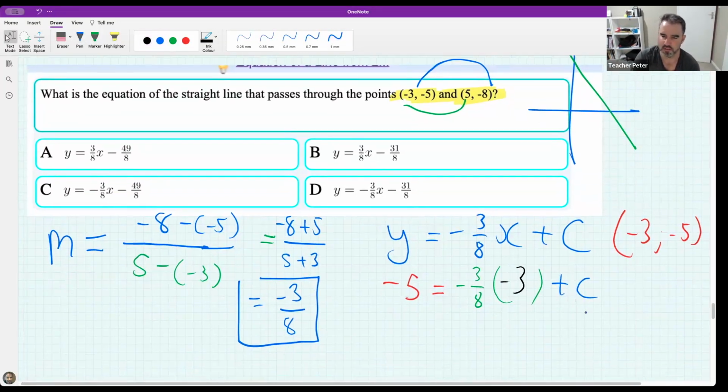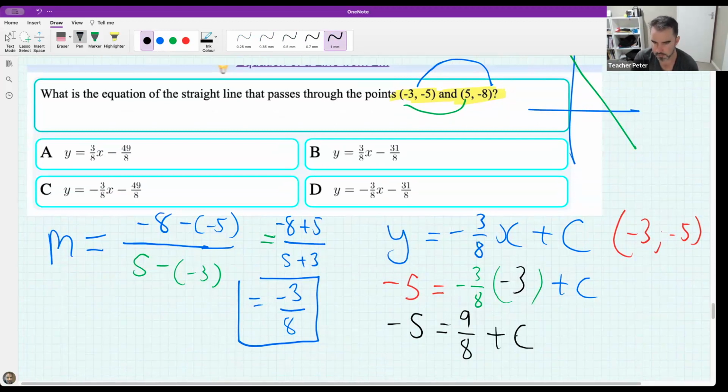Watch out for silly mistakes there. Minus 3 times minus 3 is plus 9. So, okay, that's not too bad. That's 9 over 8 plus c. But I still haven't got c by itself.